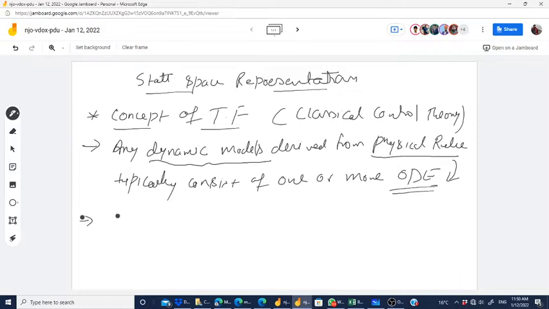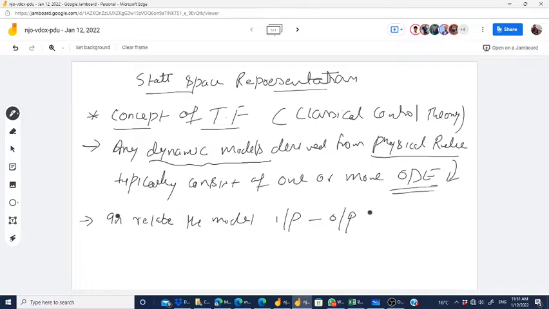So in order to relate the model, the input and output, we are mapping the input and output and we'll try to find the transfer function.